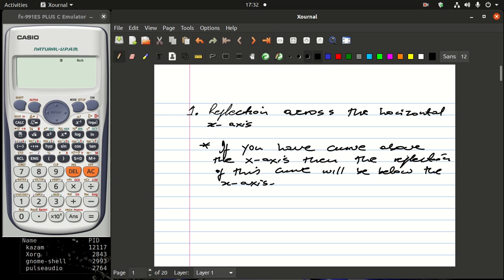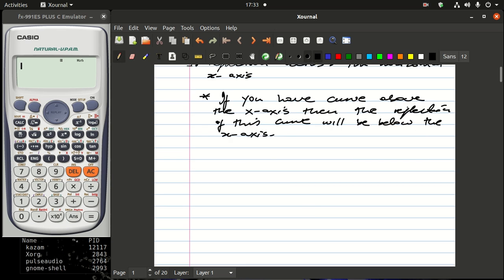That's what is important. If you have a curve above the axis, its reflection will actually go below the x-axis.